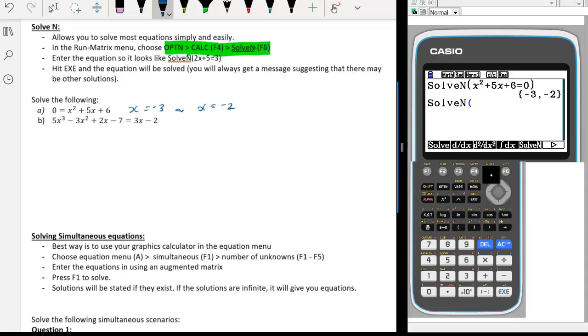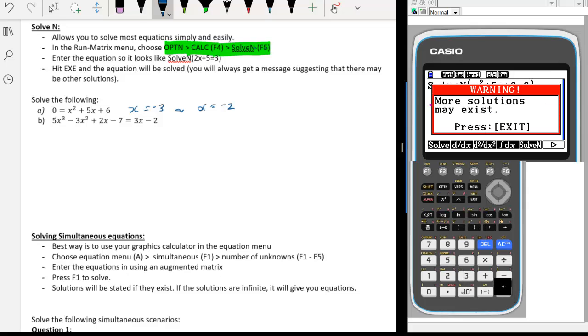Alright, so we enter our equation. We've got 5x cubed take 3x squared plus 2x take 7. Now the equals is very important, so shift dot gives us equals and 3x take 2. Close up our bracket, hit exe, and it will calculate all the solutions.